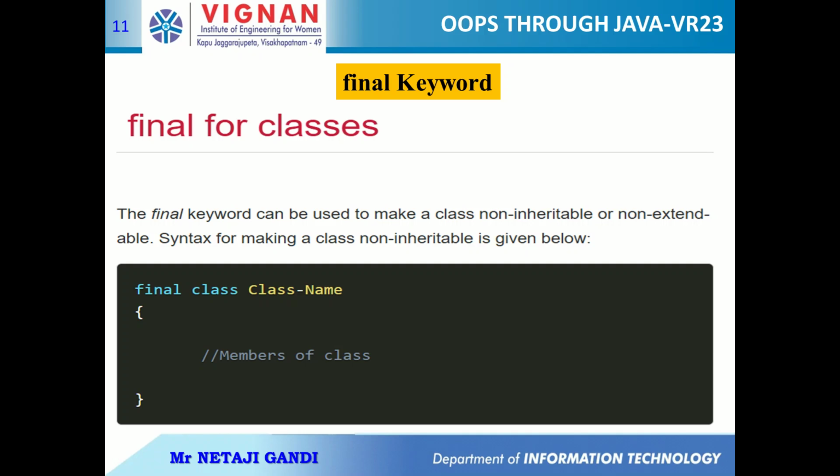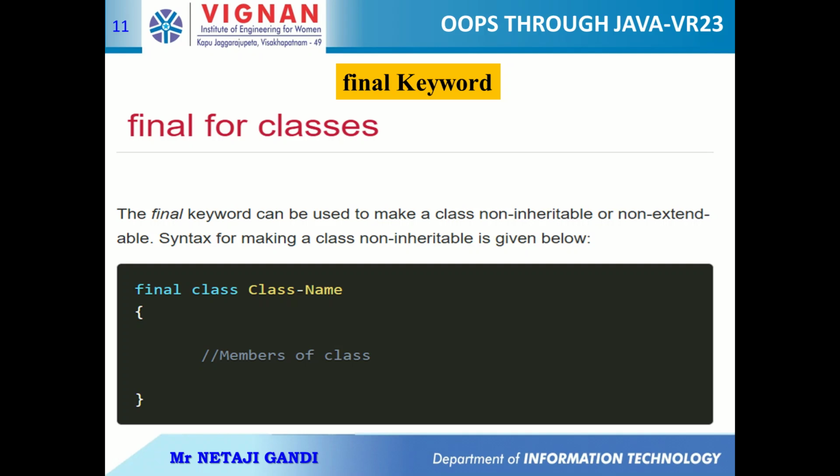So what is the third advantage of the final keyword? The final keyword is applicable for variables, that is a constant. Second, the final keyword is applied for methods, to avoid method overriding.